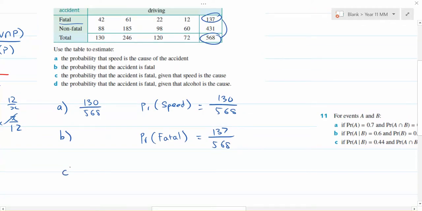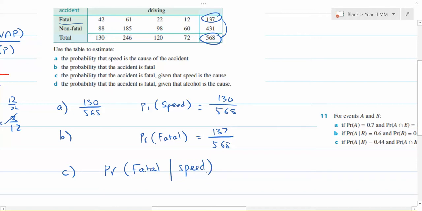Now let's go to C. C says to find the probability that the accident is fatal given that speed is the cause. So now this is a different question, you see. This one is asking chances of fatal, okay? But if you already know, so given that it was caused because of speed. So you already know that it was because of the speed.